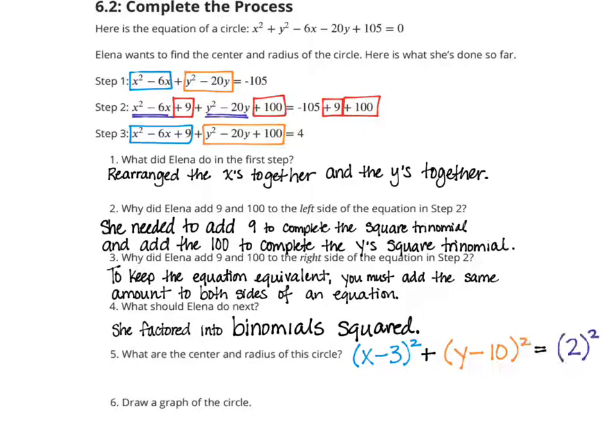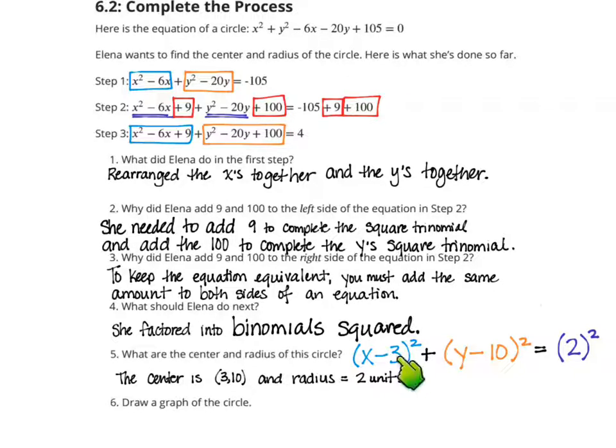And she would end up with x minus 3 quantity squared plus y minus 10 quantity squared equals, and over here it says 4, but we want to write that as something squared. So she factored the x squared minus 6x plus 9, and she factored the y squared minus 20y plus 100, and also factored the 4 so that it was something squared. The reason to do that was to find the center and the radius of the circle.